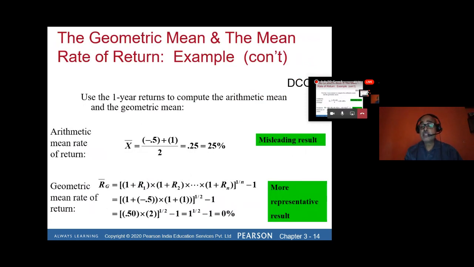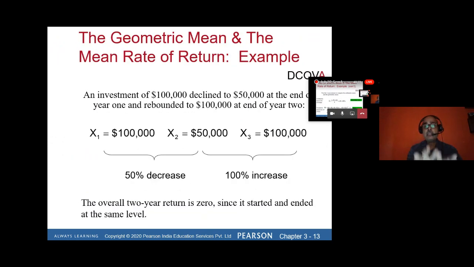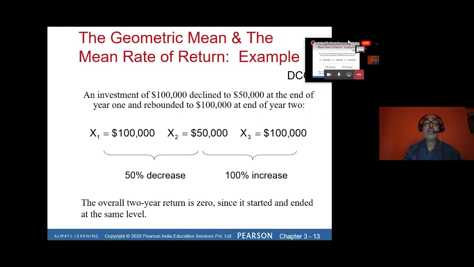In this particular case study, an investment of $1 lakh declined to 50,000 at the end of year one, and rebounded to 1 lakh at the end of year two. So the first year you invested $100,000, the second year it reduced to 50,000, and the third year again it became $100,000.